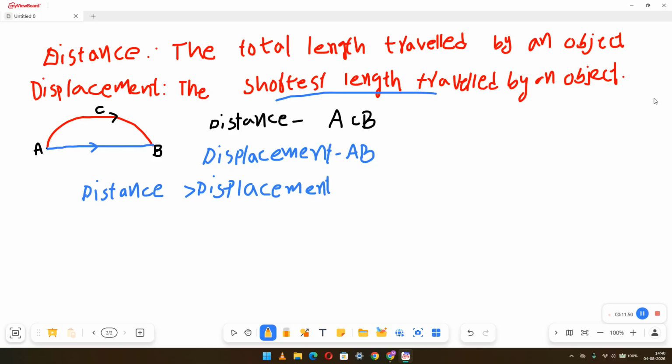Next topic is a stone thrown vertically in upward direction. It goes from the point C to point D. It travels to a height h.